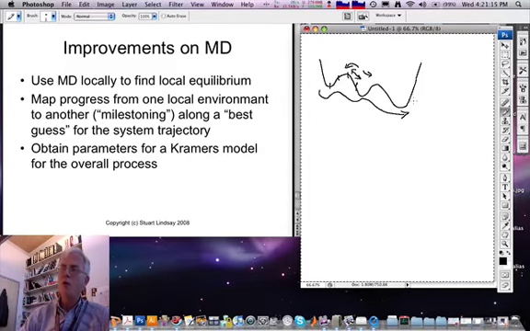It's a technique called milestoning, and what it does then is to give one the parameters that are needed, the diffusion constant and the transition state height, for modeling the system with a Kramers model.